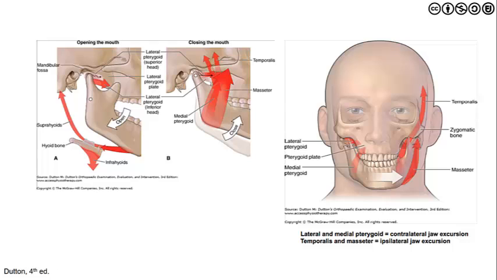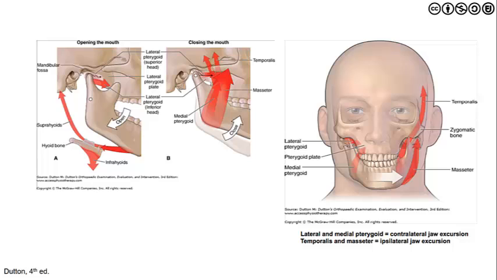With opening the jaw, we see the lateral pterygoid, specifically the inferior head, helping to draw the mandibular condyle into an anterior-inferior direction. And then with closing, we see that the medial pterygoid comes in along with the masseter and helps to close the jaw.